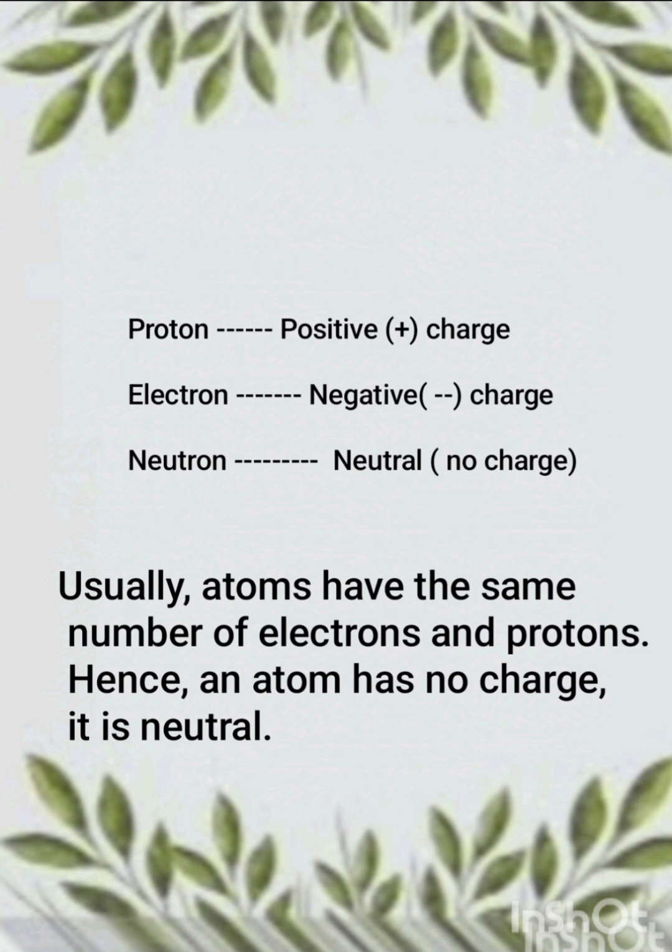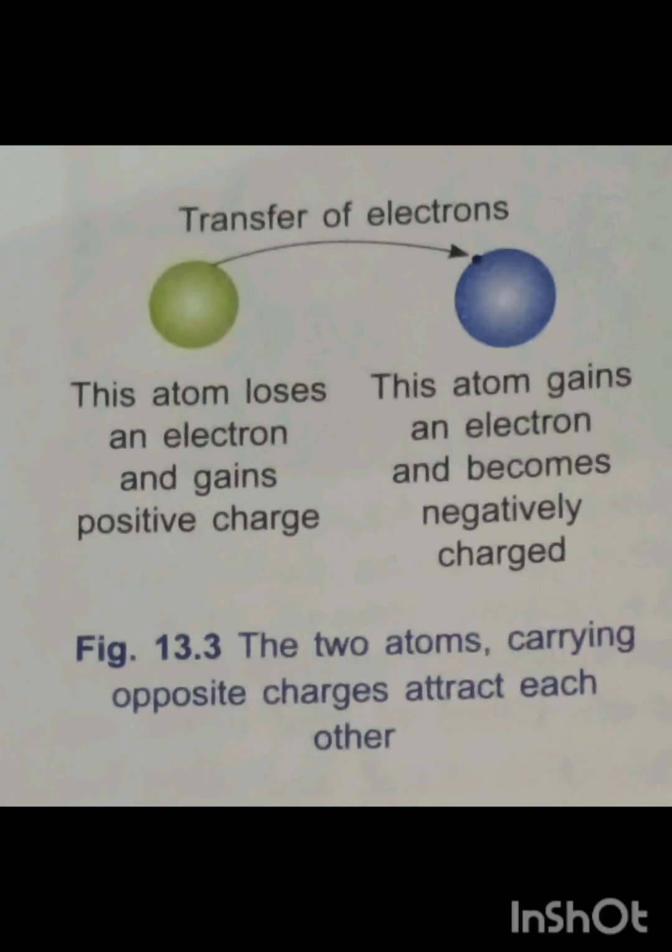It is neutral. In some of the atoms, the electrons are held very loosely. So, the electrons can easily move from one atom to another. If you rub things together, electrons from the atoms of one substance can move to the atoms of another substance.